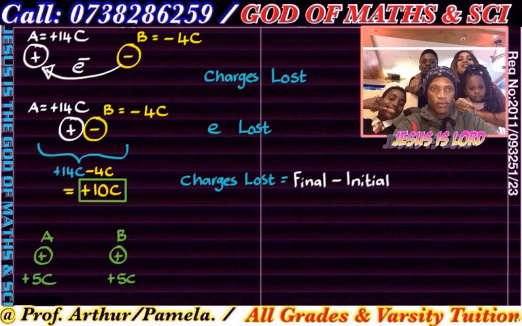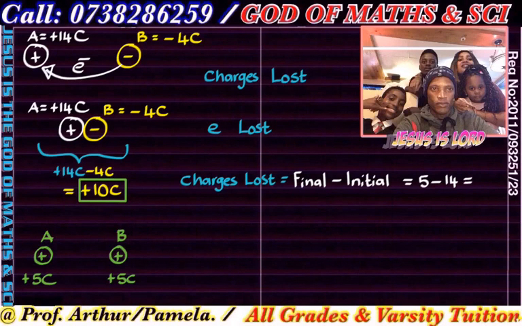Now, if you are looking at A, the final charge on A is positive 5, yes? The starting was positive 14. Good. So that means you are going to say positive 5 minus positive 14. It will give you the answer.